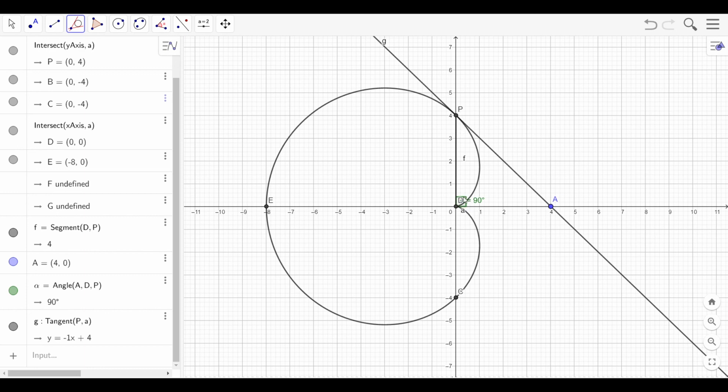So in our example, this was theta, theta is 90. You have to find this angle, that is our phi.